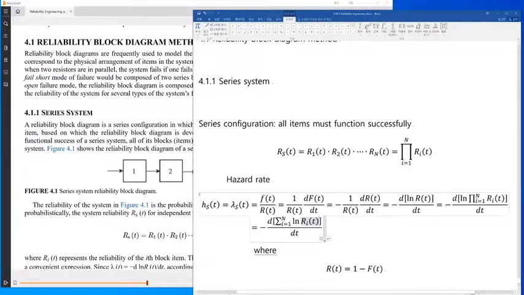So this is the equation for the hazard rate of the system.